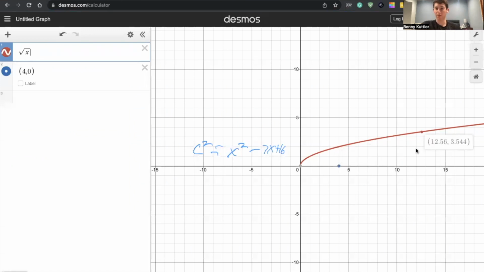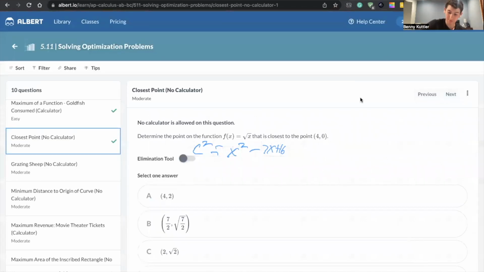So this is like a derivative. This distance goes from getting smaller to then getting bigger. So the derivative goes from negative to positive. So we turn this into a derivative problem. So if we take the derivative of this, we get 2c times dc dx equals 2x minus 7.